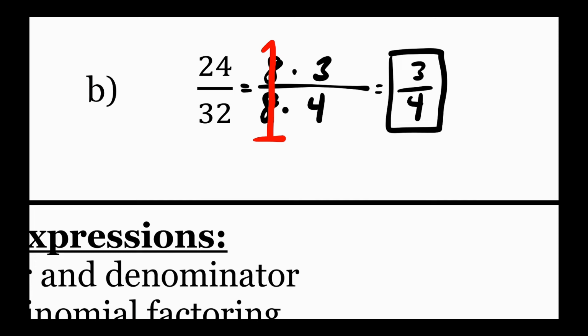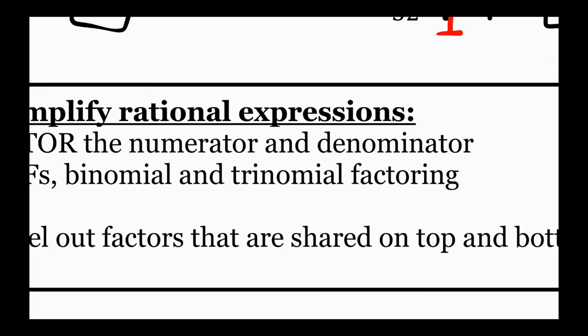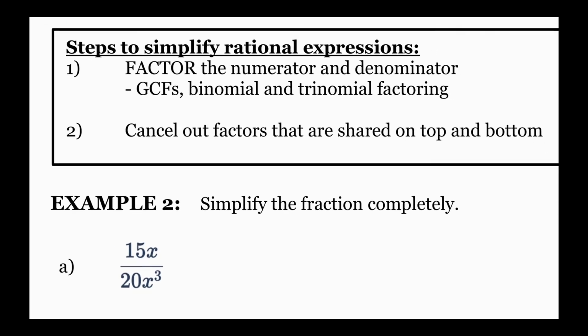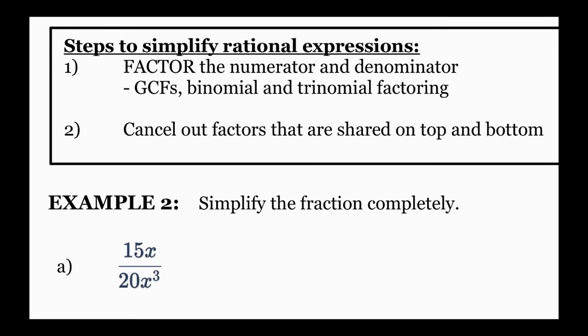The steps that we're going to use to do the ones from today: factor the top and the bottom. Factor means divide, just like we did. We broke them up into 3 times 4, 3 times 5. Okay. Today, what we're going to have to do is, if it's a binomial or if it's a trinomial, we have steps, right? We've done that before. Factoring those guys, we've done those before.